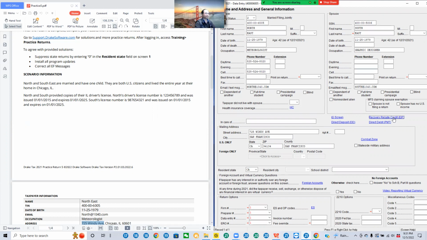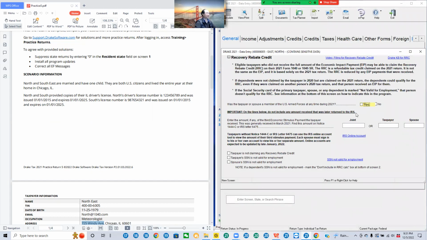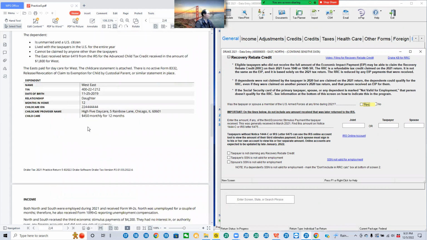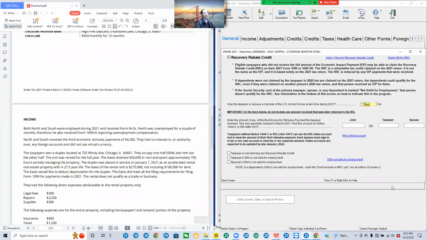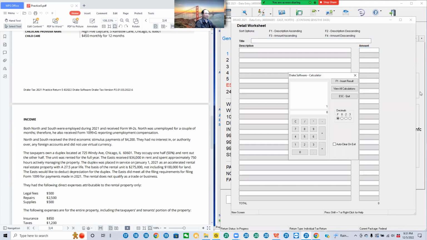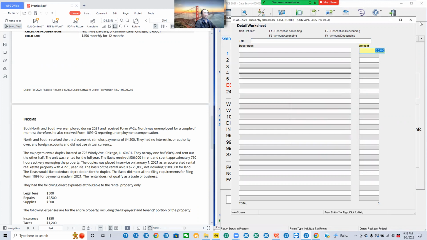Now, husband and wife, there's one dependent, so there are a total of 3 people. Now in here, if you double click, sometimes you can use the internal calculator to help you do a calculation.